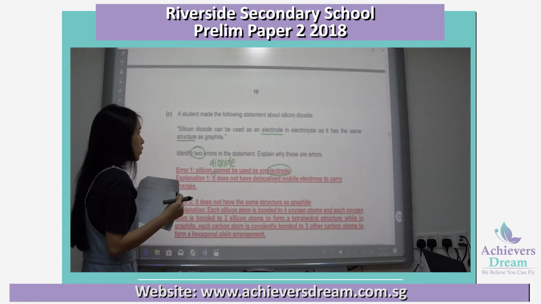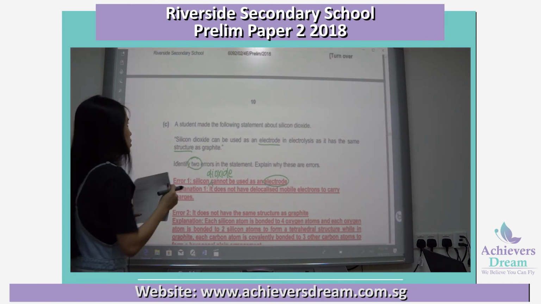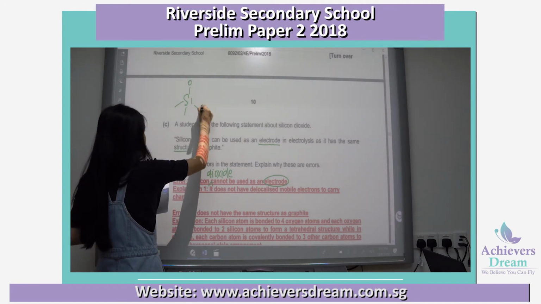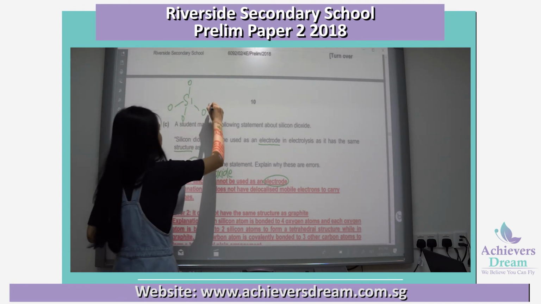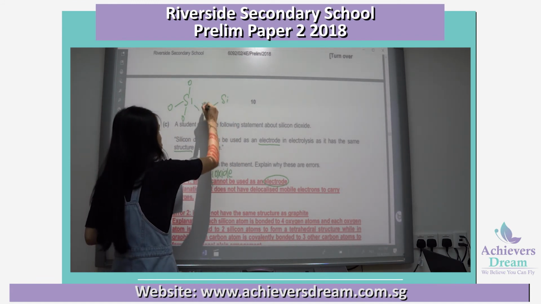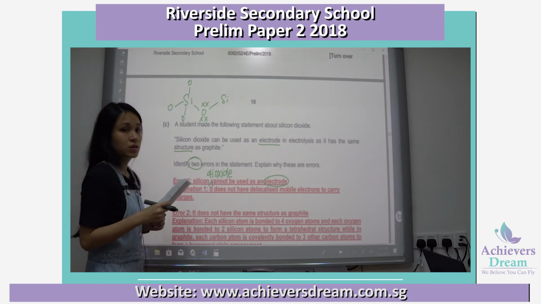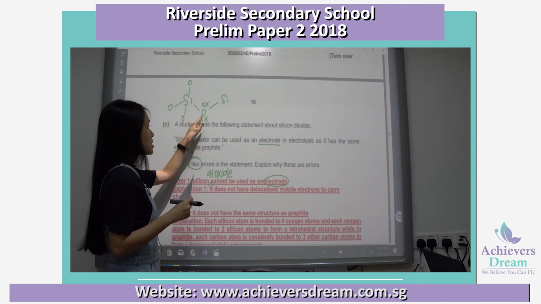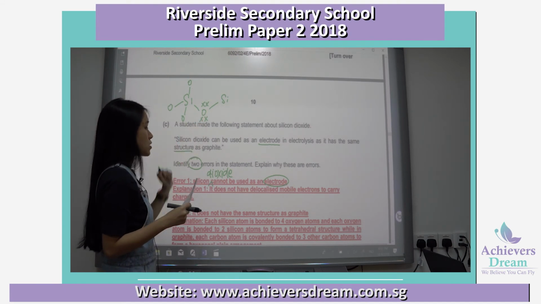Why is that so? If you remember the structure for silicon dioxide, each silicon atom is bonded to 4 oxygen atoms, and each oxygen is bonded to 2 silicon atoms. You notice that the silicon atom already has an octet structure, as well as the oxygen.